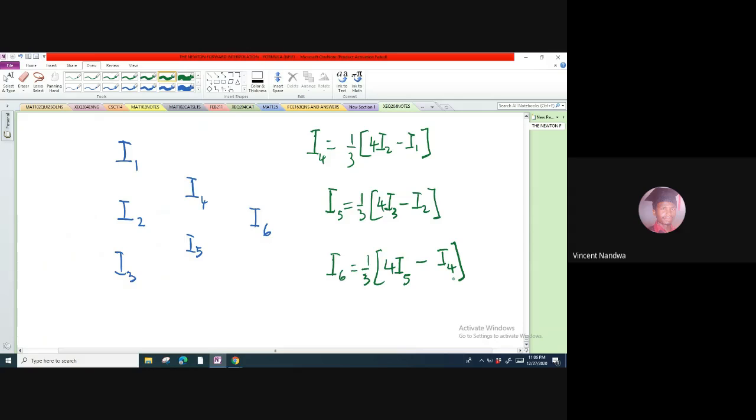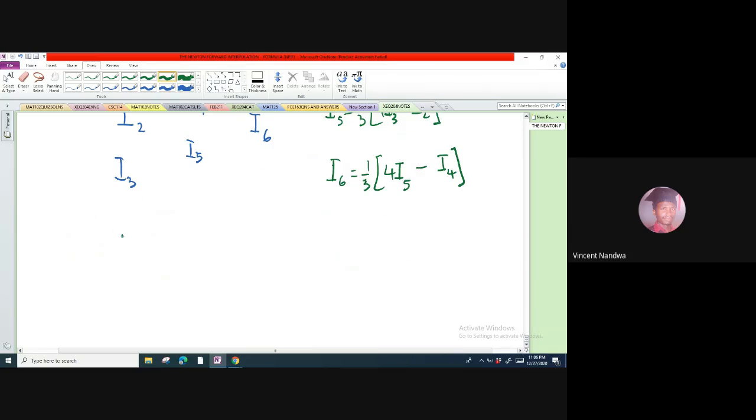So when you work out, I4 will be given by 1 over 3 into 4 times 0.7943.